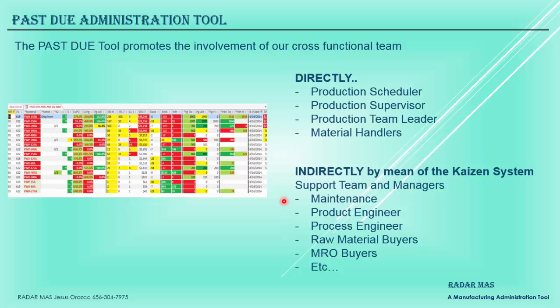In case of a maintenance issue, a design issue, a process related issue that is preventing us from producing the parts, any raw material that is missing, or any MRO that is preventing us from complying with the orders.